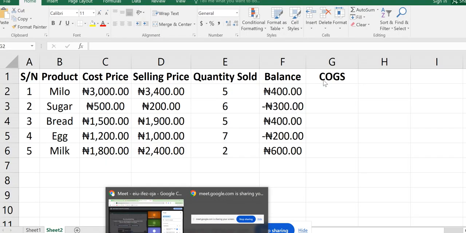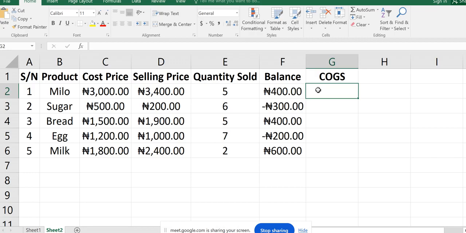So now let's say we're having cost of goods sold here. Now our cost of goods sold, I told you it will be quantity sold times selling price. These are normal critical thinking stuff that you need to know. It's just mathematics. Cost of goods sold is quantity sold times selling price.